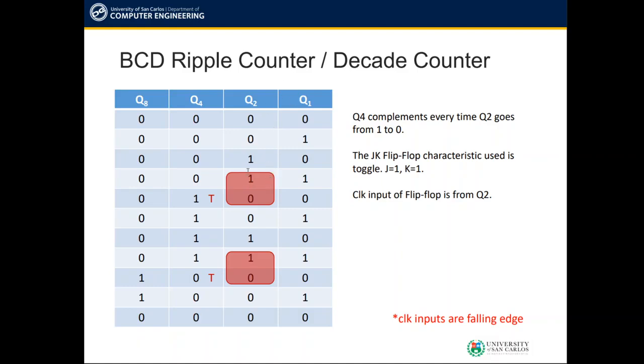The time the value goes from 1 to 0, the value of your Q4 toggles from 0 to 1 and 1 to 0. Therefore, the JK flip-flop characteristic used for this is toggle, so the equations used are 1, 1. And then the clock input of your flip-flop is from Q2. So instead of Q1, it is now Q2.